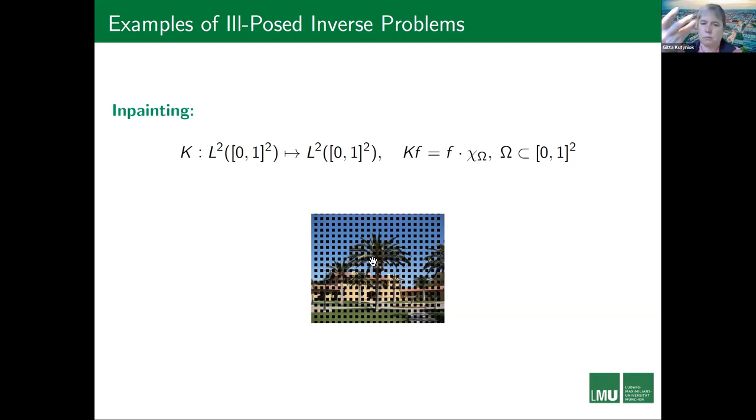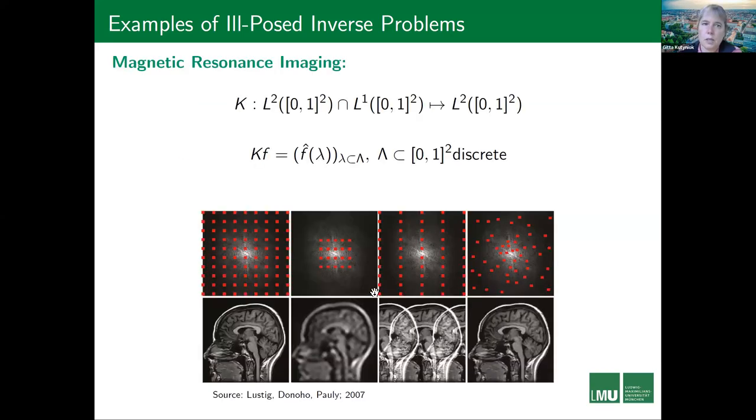So you want to put it back into the original image domain, so you would like to fill the missing parts. That's obviously ill-posed, since you can fill these missing parts in numerous ways. So if Kf is equal to g, then there's no unique f so that Kf is equal to g. So there's no unique reconstruction.